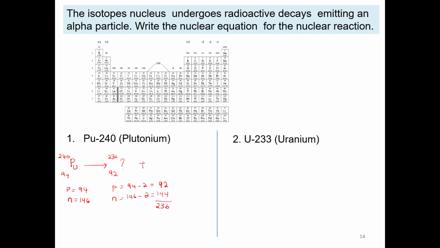And this emits the alpha particle, and we know this is the symbol for the alpha particle. To know what kind of element we have here, we use the periodic table. Number 92 is uranium, because the number of protons, or the atomic number, tells what kind of element it is. Now we know what we have here is uranium.